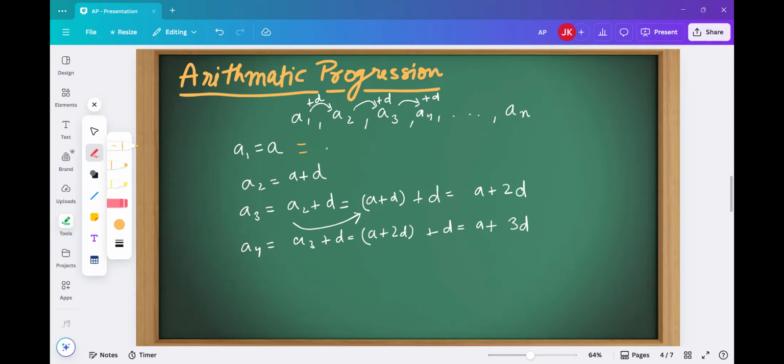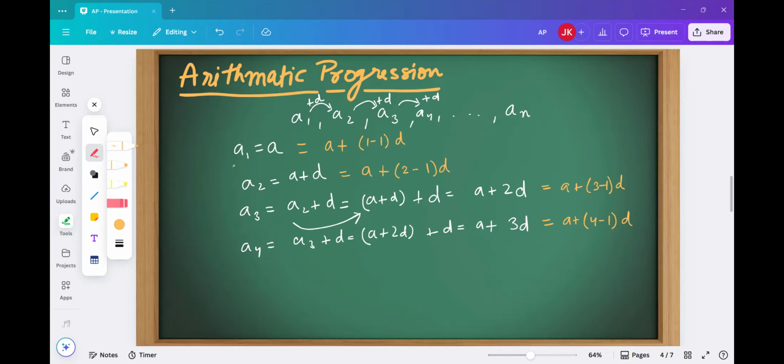I can write this as A plus 1 minus 1 D, and I can write this as A plus 2 minus 1 D, and I can write this as A plus 3 minus 1 D, and I can write this as A plus 4 minus 1 D. Now you would ask me, sir, why are you doing this? And why are you even showing this to me? Okay, I'm showing you this because there is a pattern.